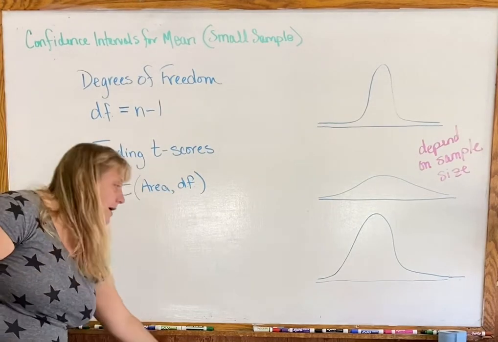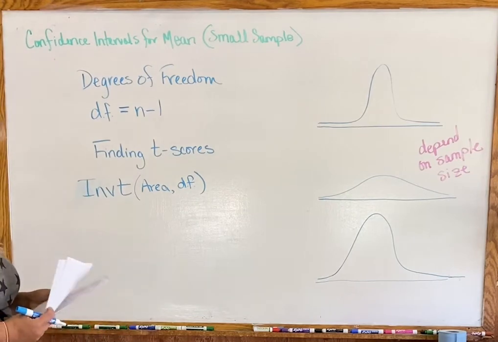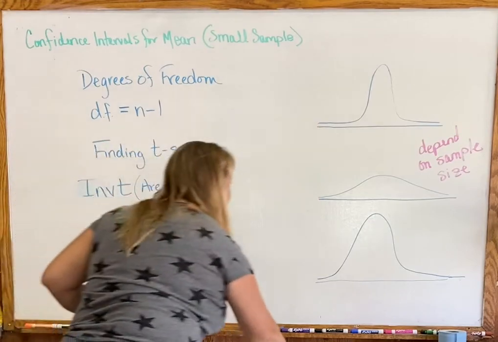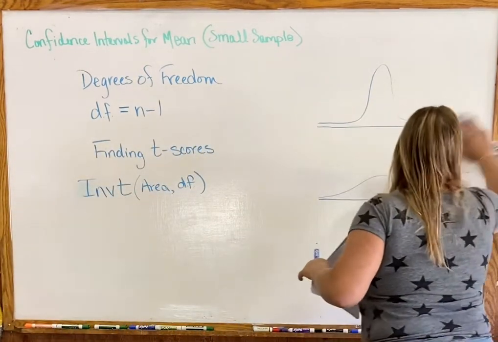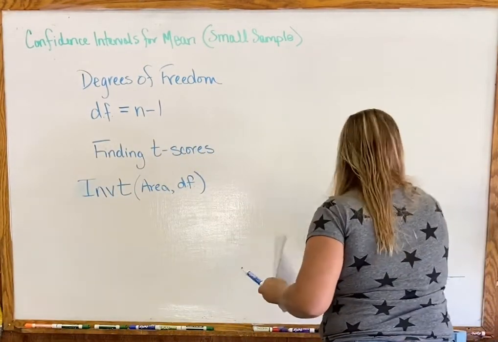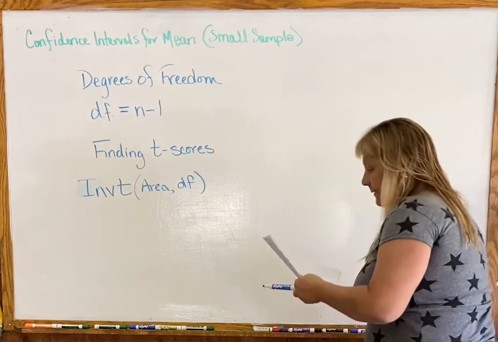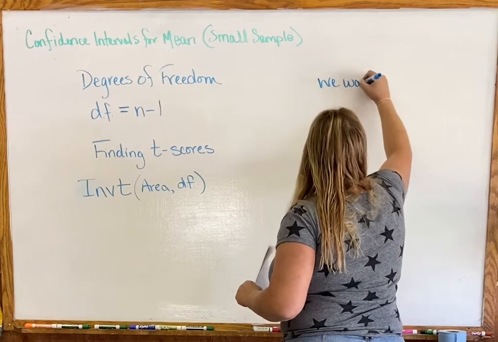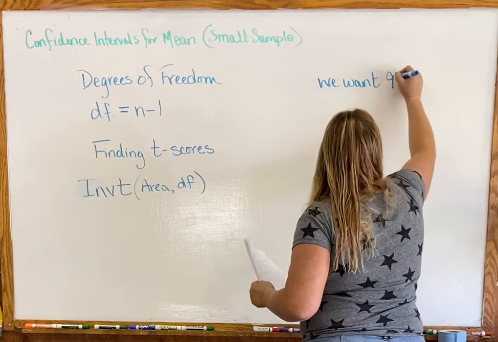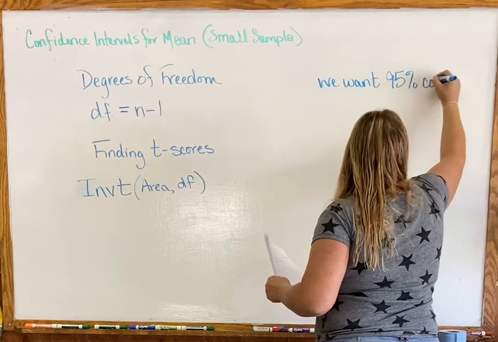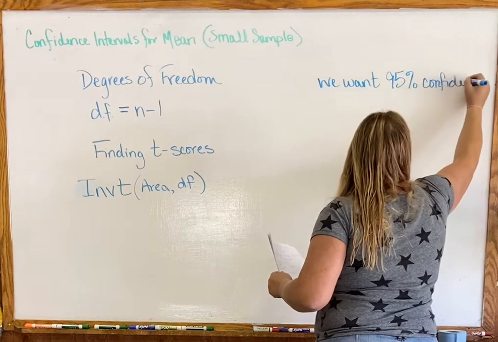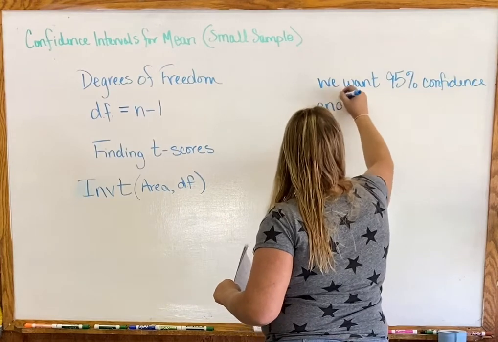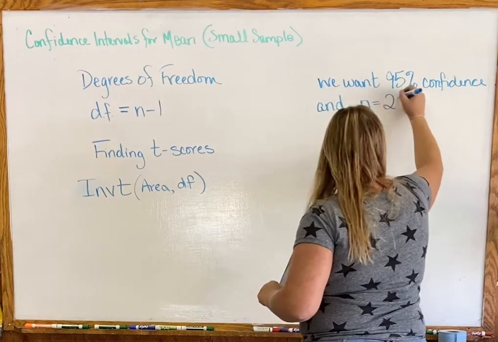So let's do a little example so we can figure out how this is going to work on the calculator. Let's say that we want 95% confidence and we know that n is equal to 21.